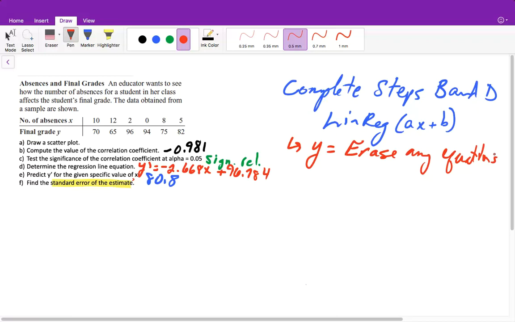All right, then what you will do is press the vars button. And then you will scroll down. And then you will press statistics. It is number 5.